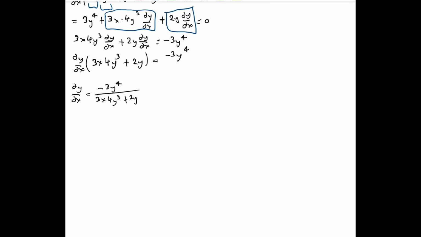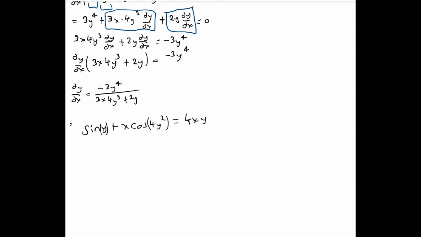Let's do a different example. Let's have sine of y plus x times, let's say, cosine of 4y squared. Let's put brackets around that. Equals 4xy.